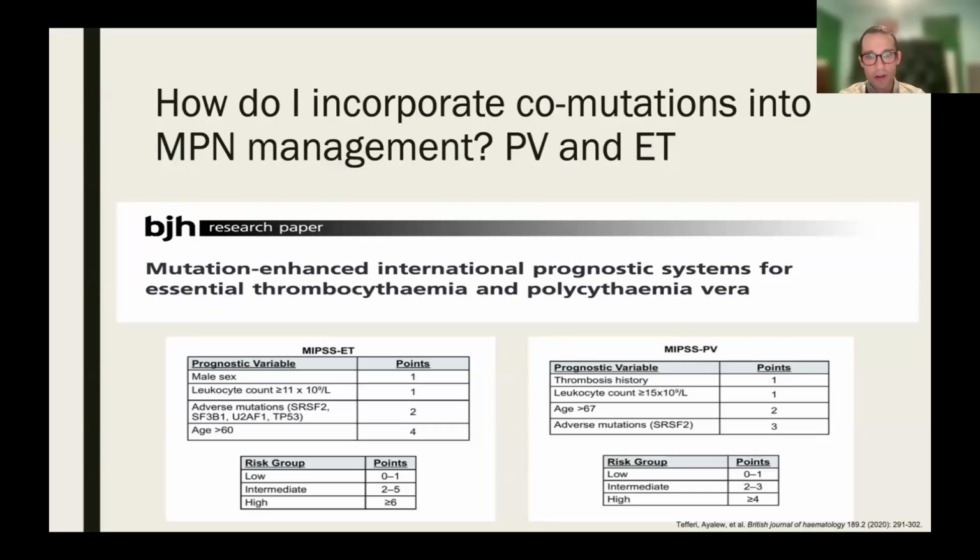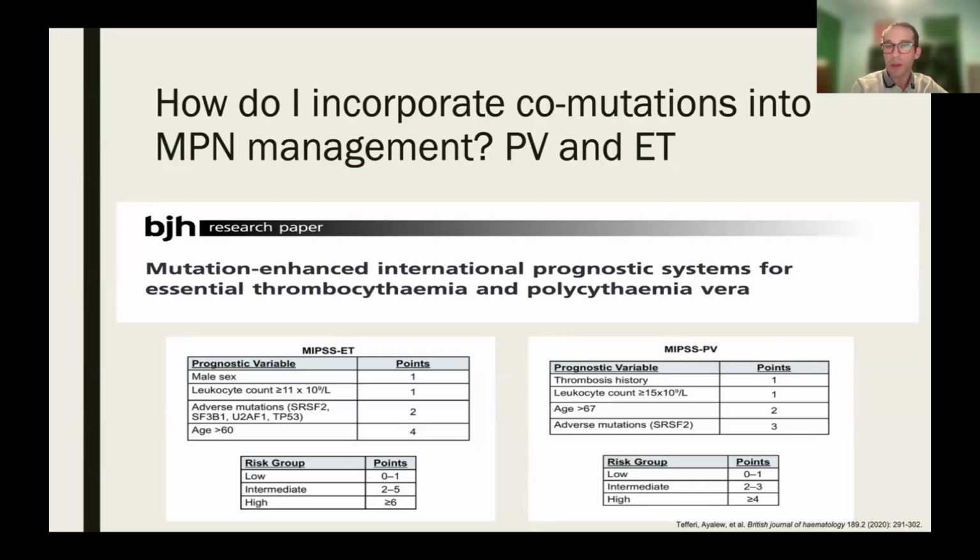And so these investigators were able to determine that for ET, having an SRSF2, an SF3B1, a U2AF1, or a P53 mutation, or for PV, having an SRSF2 mutation, increased the risk of their MPN progressing.